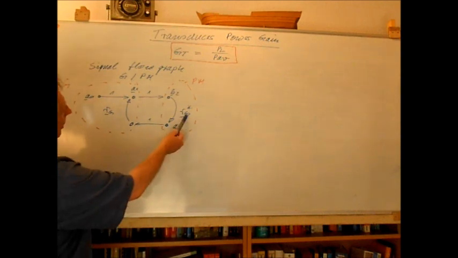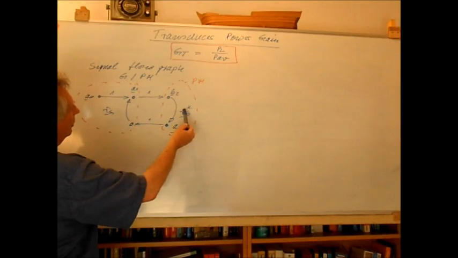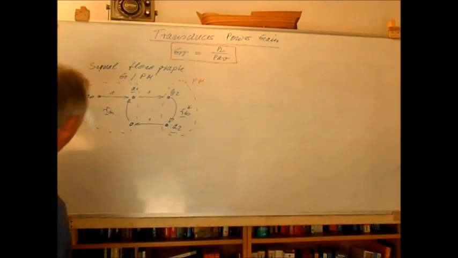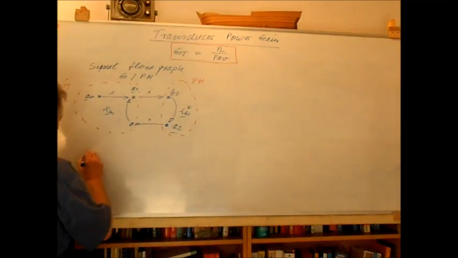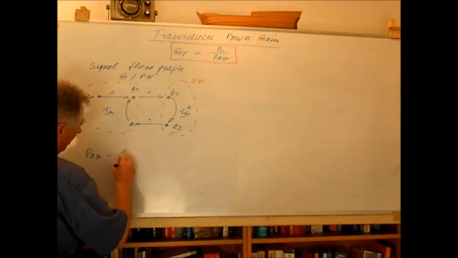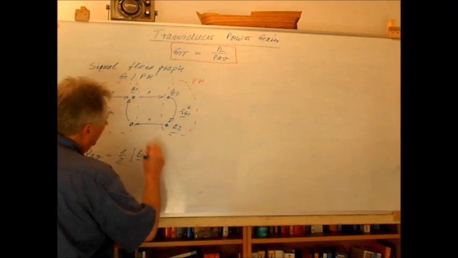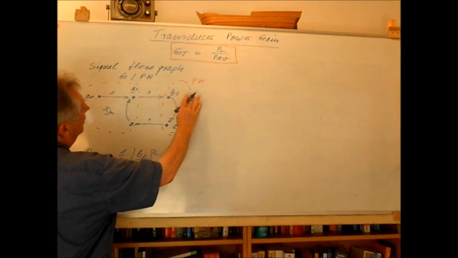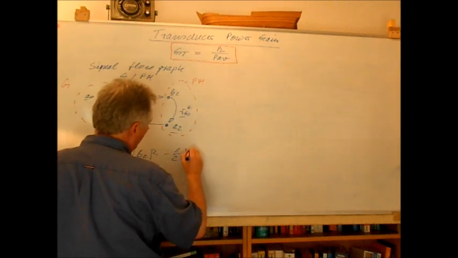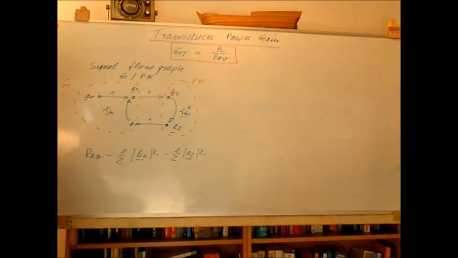But to get the available power, we then must determine or use a power meter which will have Rg conjugate complex. To calculate now the available power, we can just take, this is of course 1/2 |B2|², the power which enters the power meter, minus 1/2 |A2|², which describes the power which leaves the power meter.